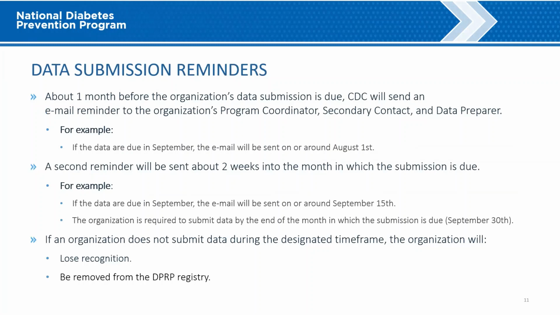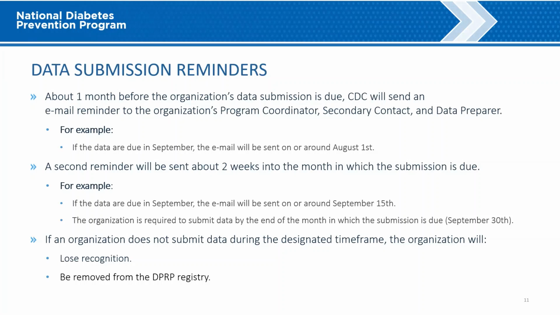Data submission reminders. Prior to data being submitted, the DPRP will send 2 data submission reminders. The organization's program coordinator, secondary contact, and data preparer will receive an email reminder from the CDC DPRP 1 month before the data submission is due. This email is to ensure organizations are aware that a submission is due and no immediate action is required.